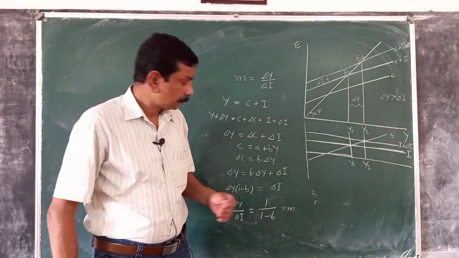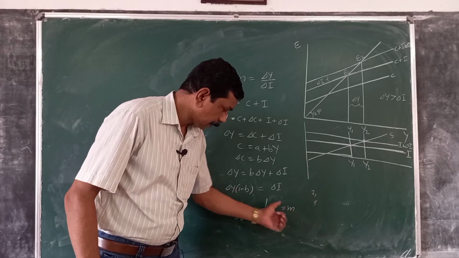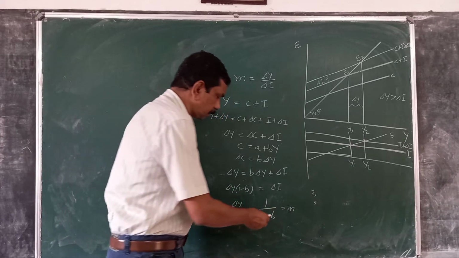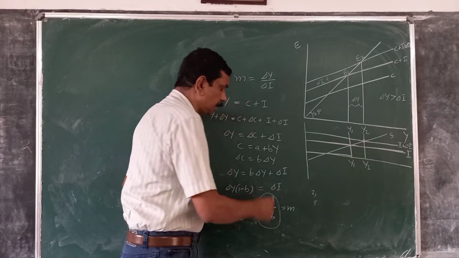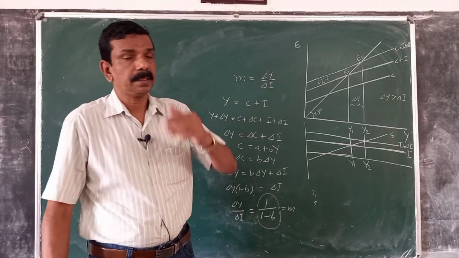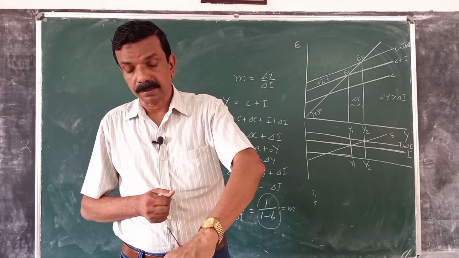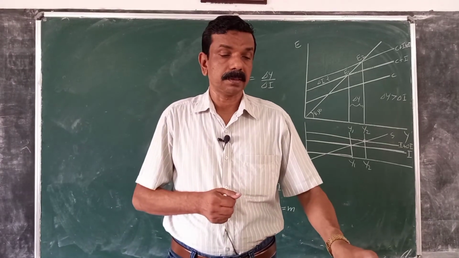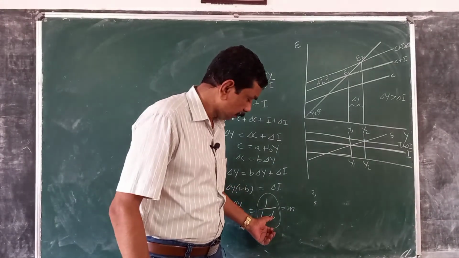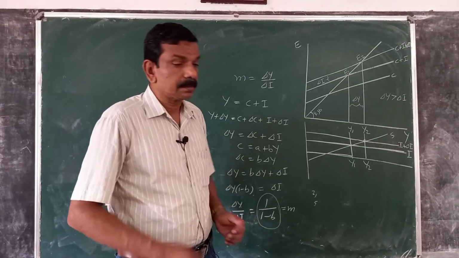M is equal to 1 by 1 minus b, and this quantity is known as the investment multiplier, defined as the final change in income to the initial change in investment which has caused it. And as long as MPC is between 0 and 1, the value of the multiplier is greater than 1.